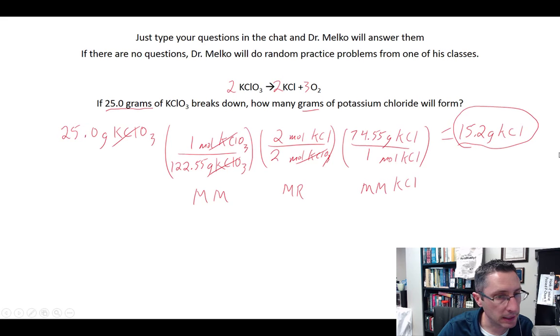It's always going to have the same cadence to it: molar mass, molar ratio, molar mass, as far as the 3 unit factors.